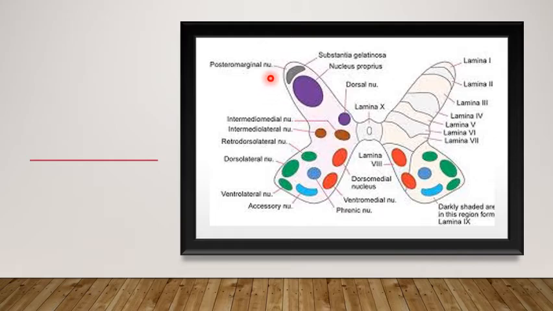Now here, one thing that I had missed out. Here you can see the substantia gelatinosa. What is it? This is a small group of cells which contains gelatinous material right at the apex of dorsal horn. They receive fibers from dorsal nerve root and give origin to the lateral spinothalamic tract. Fine.